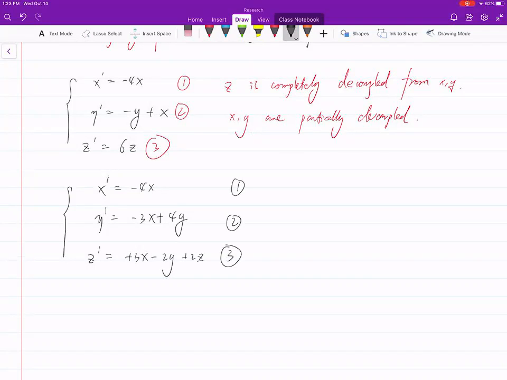Now what's going on? They're fully partially decoupled. Solving either one of them, you have to use the information from the others, except for the first one. So solve 1. Once you have x, plug it in, and you can solve for y. Once you have x and y, plug both into 3. That's something we call fully partially decoupled.